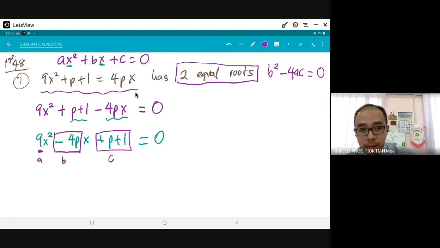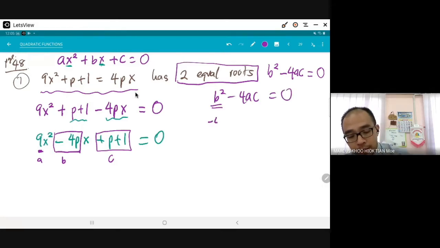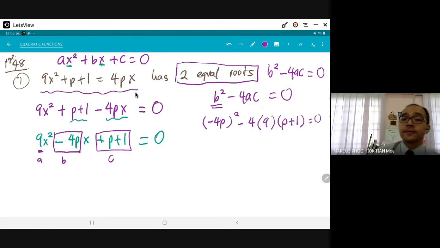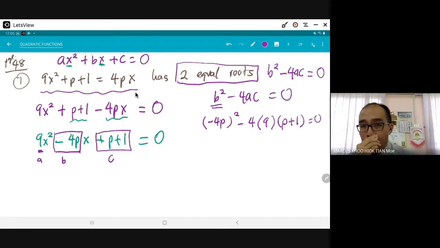Okay, dan oleh sebab itu, kita start dari sini lah. B squared minus 4AC equals to 0. B is negative 4P. So negative 4P, make sure you kurungkan, kasih squared. Minus 4, A is 9, and C is P plus 1 equals to 0. Okay, now let's slowly solve this.